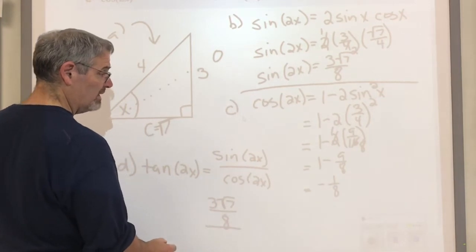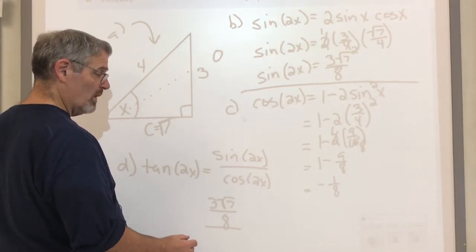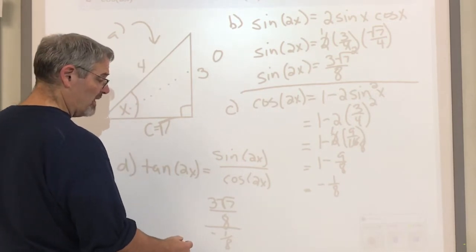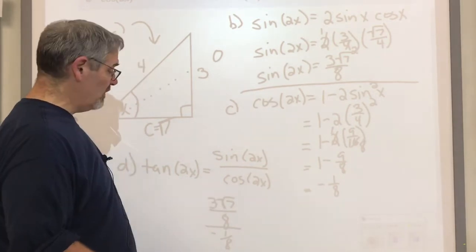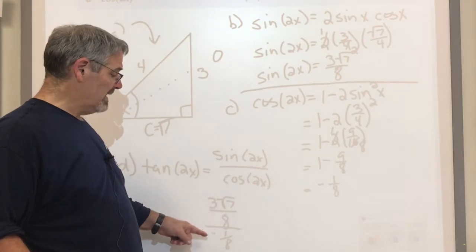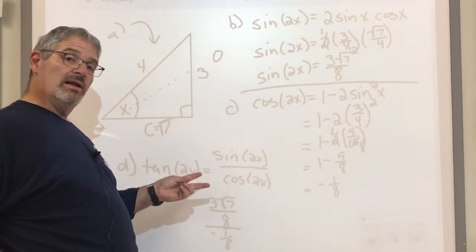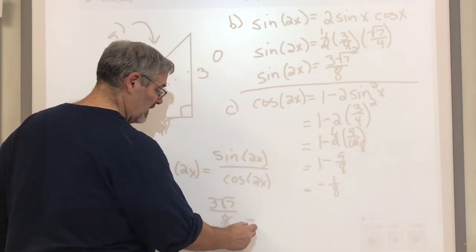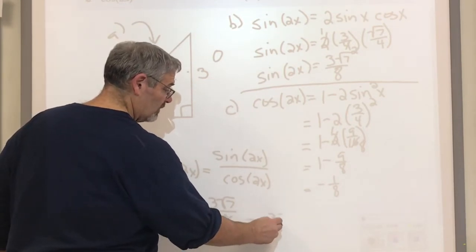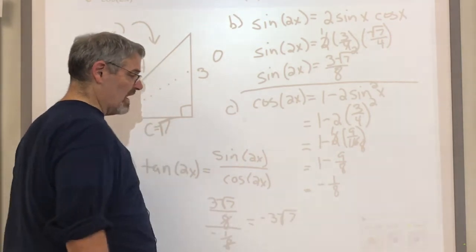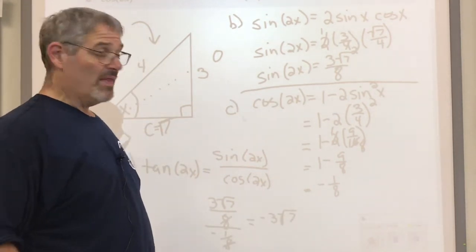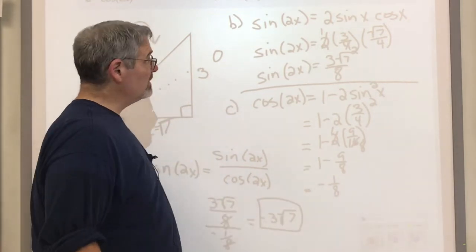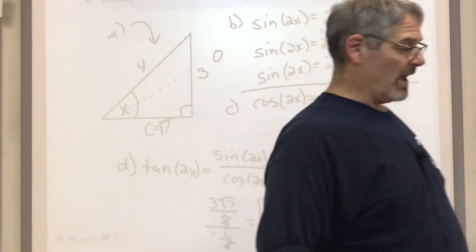And the cosine of 2x is negative 1/8. And if we simplify it, that's like saying 3 square root of 7 over 8 times negative 8 over 1. So basically this is going to cancel out. I'm going to get negative 3 square root of 7. And that's my answer for part D, the tangent of 2x.